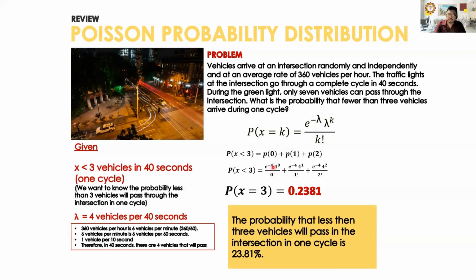So we are going to substitute the values: if x is equal to 0, plus if our x is equal to 1, and then plus if our x is equal to 2, and then getting the sum of the probabilities, we will get 0.2381. Therefore, the probability that fewer than 3 vehicles will pass in the intersection in one cycle is 23.81%.